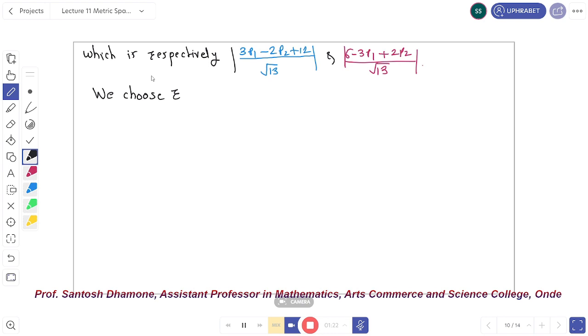Multiplying by 2, we get 2p2 - 2r < 2y2 < 2p2 + 2r. This is equation second.